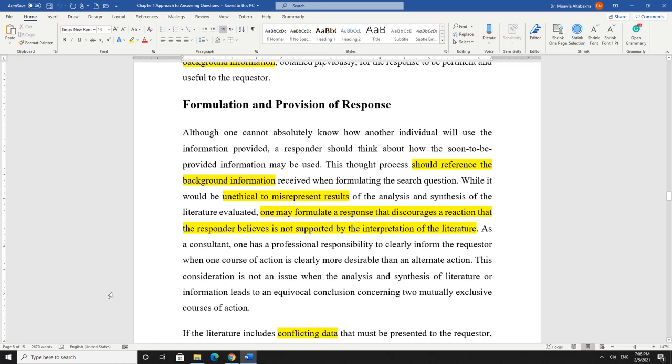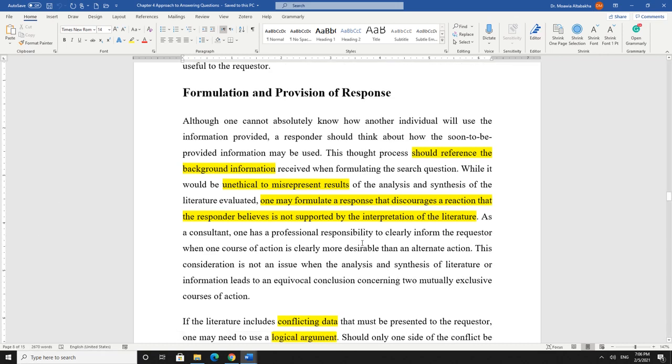Okay, suppose you got contradicting results. Would you go for one in order not to confuse the person, or would you tell the person the two sides of the story? What is good when you have conflicting data?